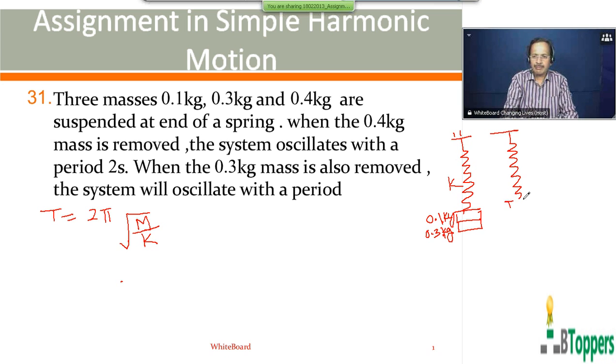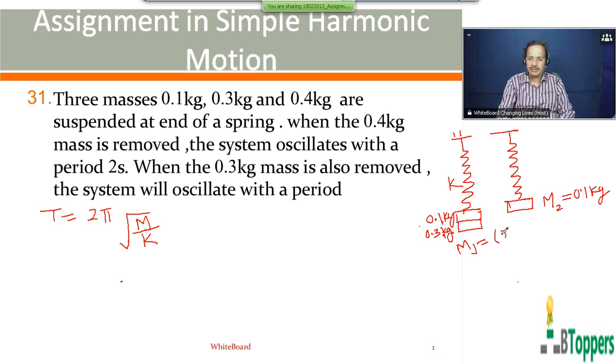So when the 0.3 kg mass is also removed, the mass of the oscillating body in the second case can be taken as 0.1 kg. So the mass m1 which oscillates vertically in the first case will be 0.1 kg plus 0.3 kg. That means the total mass which oscillates vertically with the spring in the first case will be equal to 0.4 kg.